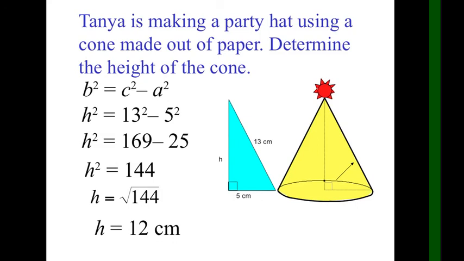So kahit alin sa tatlo, depende pala sa hinahanap. No? Kapag ang hypotenuse ang hinahanap, you can use c squared equals a squared plus b squared. Pero kapag yung sides ang hinahanap, kahit alin sa dalawa, pwede. Yung b squared equals c squared minus a squared, or a squared equals c squared minus b squared.